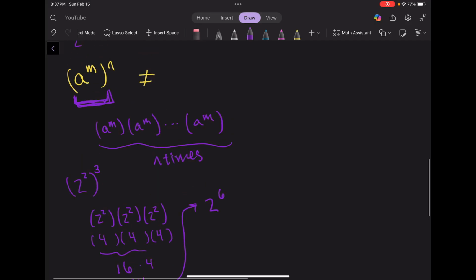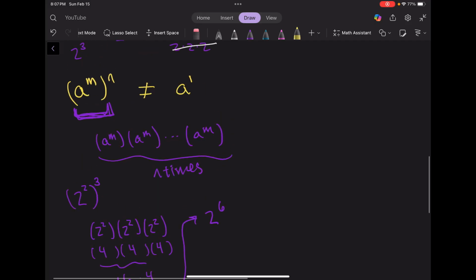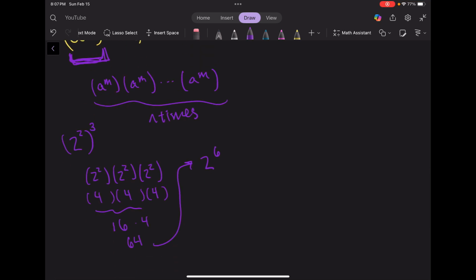The reason why it's not the same as the other rule is because if we actually used that rule, then we'd get 2 to the 5th power, which is actually 32. So these are not the same thing.